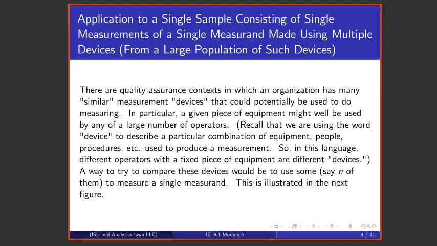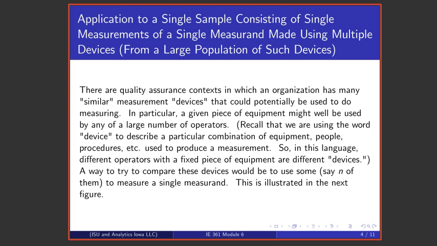And so the combination of that single piece of equipment with different operators, according to the way we're using the language, would constitute different devices. That is, the devices in this case, differences between them are differences between human operators.